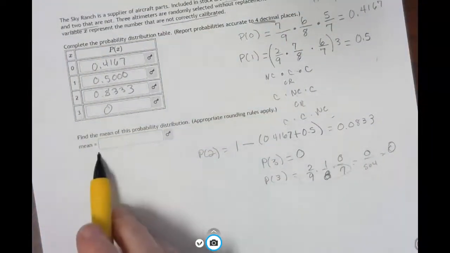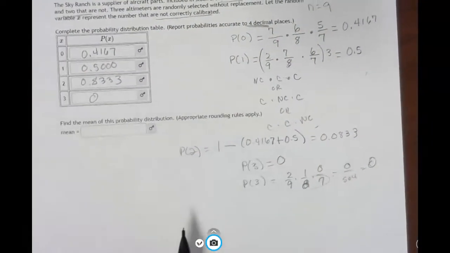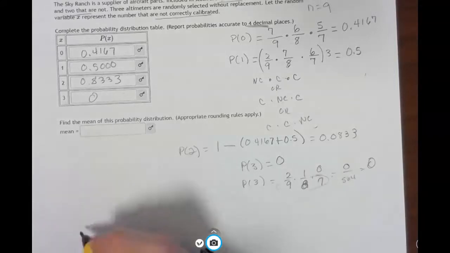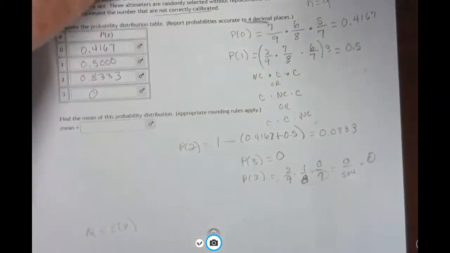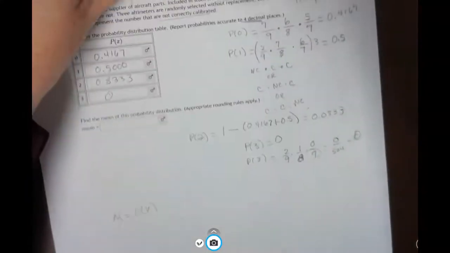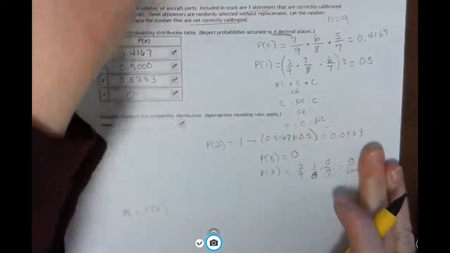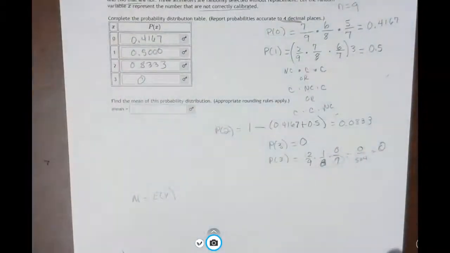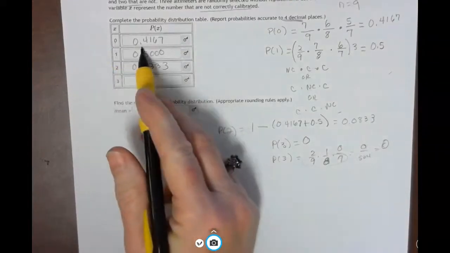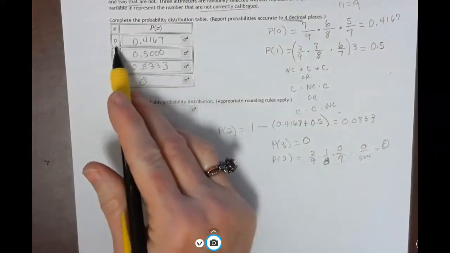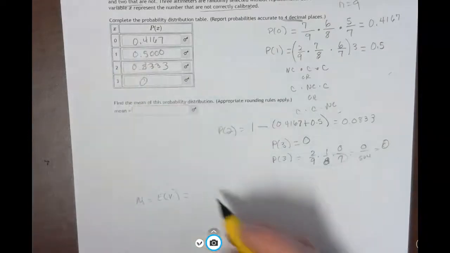So, to find the mean or expected value, so our mu, or expected value, adjust my camera here a little bit so we can try to see all of this as much as we can. Okay, so that's going to be each random variable. It's the sum of the random variables times the probability of each random variable.